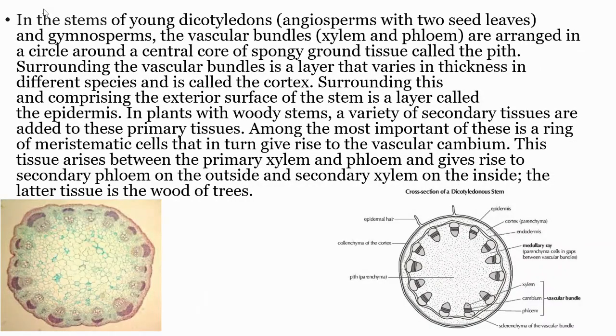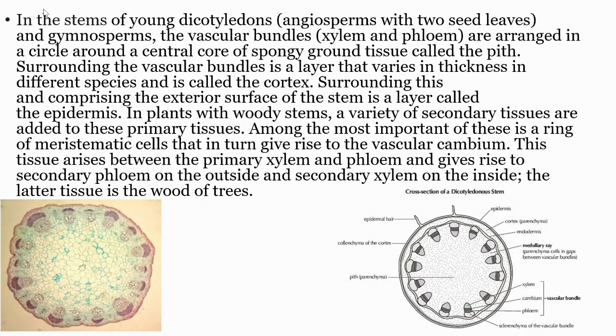In the stem of young dicotyledons, angiosperms with two seed leaves, and gymnosperms, the vascular bundles, xylem and phloem, are arranged in a circle around a center core of spongy ground tissue called the pith. Surrounding the vascular bundle is a layer that varies in thickness in different species, called the cortex. Surrounding this and comprising the exterior surface of the stem is a layer called the epidermis.